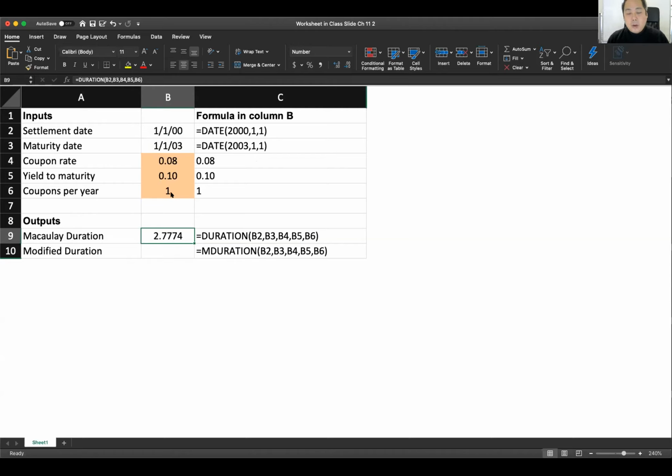I still recommend practicing using the previous spreadsheet, because it makes you understand duration better. But when you really use Excel to get the duration, you just use this duration function. Now for the modified duration, we have a function called M duration.